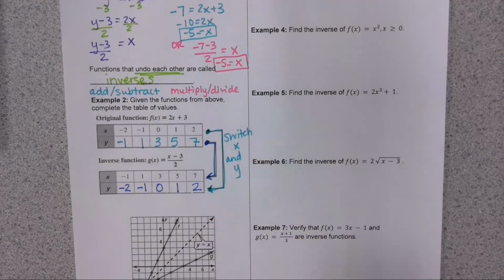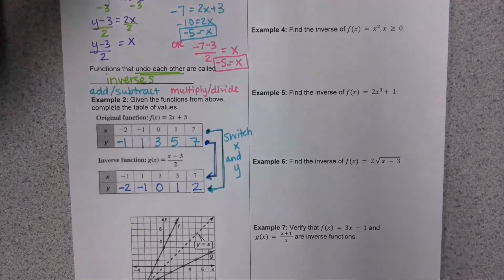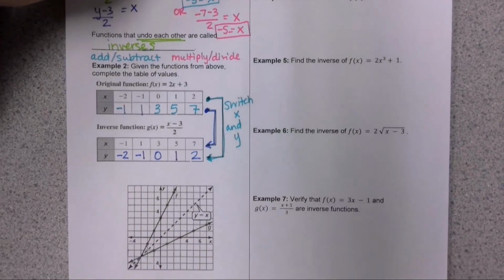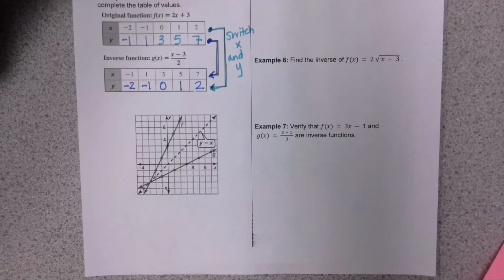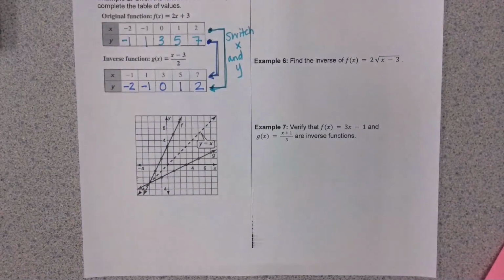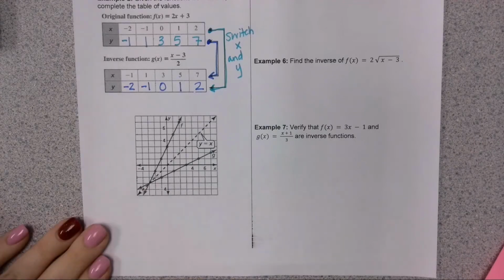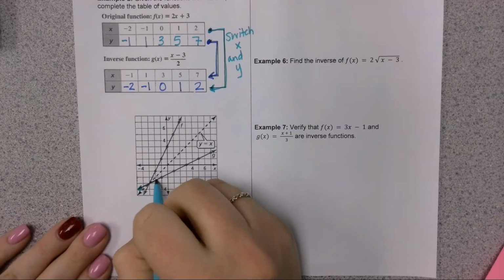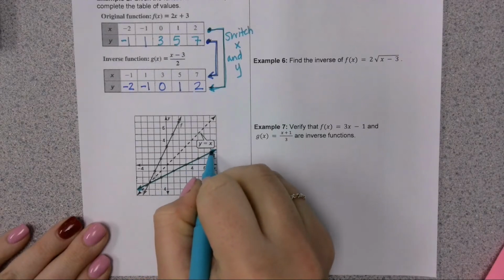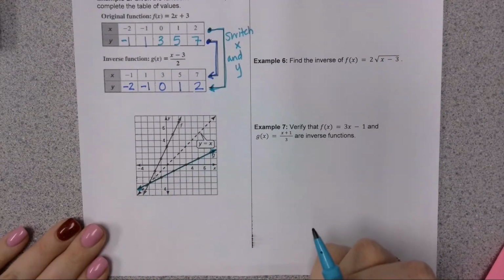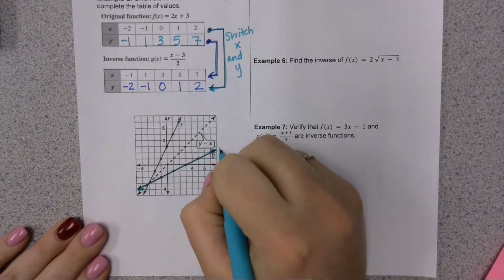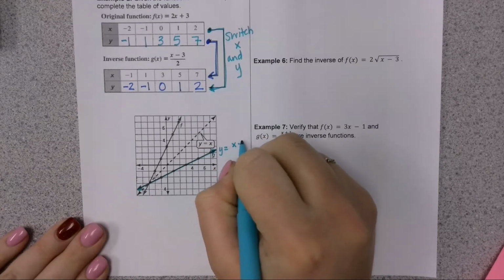We can also see this demonstrated on a graph. Back in geometry, you learned about reflections as types of transformations that happen to shapes, or lines in this case. And so we have two different lines here. Sorry, this is our y equals x minus 3 over 2 line.